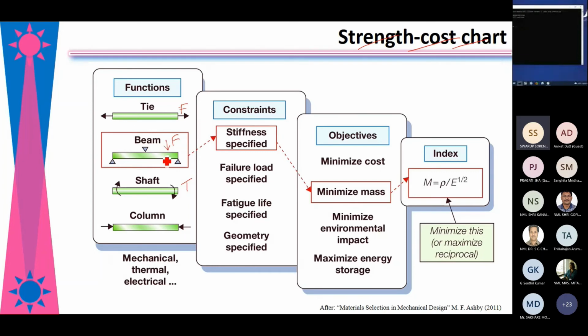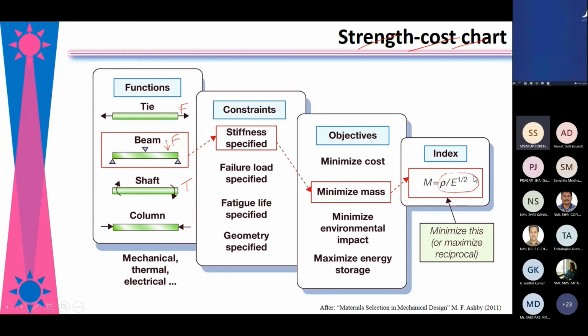If length is fixed, you have to reduce the cross section so that mass will minimize. So the material index is this: rho by modulus to the half. We have to minimize this, or we have to maximize E to the half by rho.